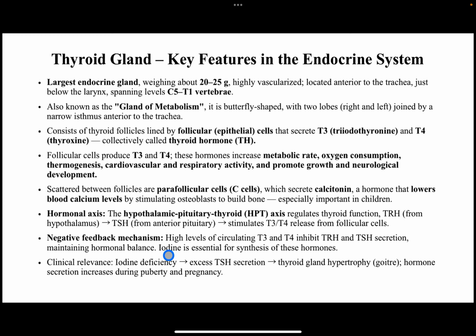Okay, good. Now, the clinical significance of understanding the thyroid gland and its hormone release, including the hormonal axis, is that it will help you appreciate the role that each level plays. So that you appreciate the fact that someone can be having a problem with metabolism and it may be coming from the hypothalamus.